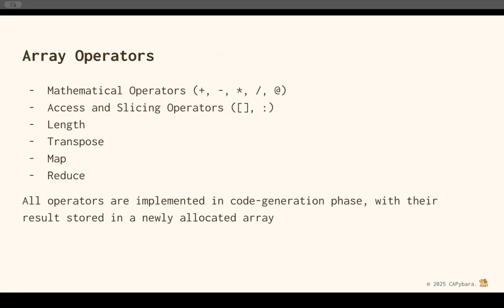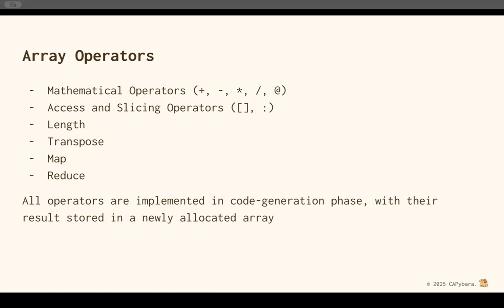And we might as well highlight some of our array operators. These operate on either arrays or matrices, which are essentially just 2D arrays. They include mathematical operators. Some of these are between arrays and arrays, some are between arrays and scalars. But they include your basic addition, subtraction, multiplication, division, and also matrix multiplication.